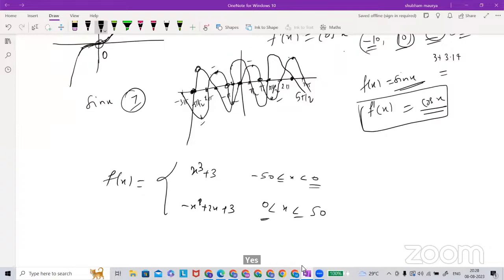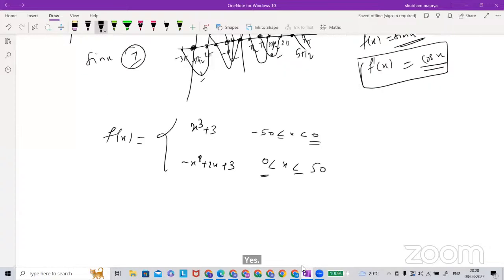Yes, clear. Okay. So here we have to check the critical points. Sorry, is my voice clear, and not breaking? Yes, sir, it's all right. So first, let's check for this interval.